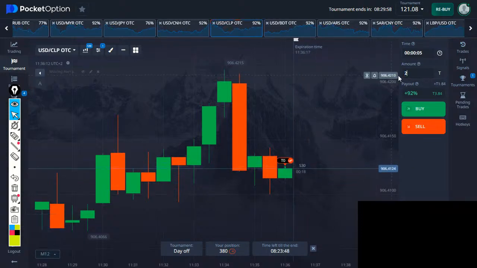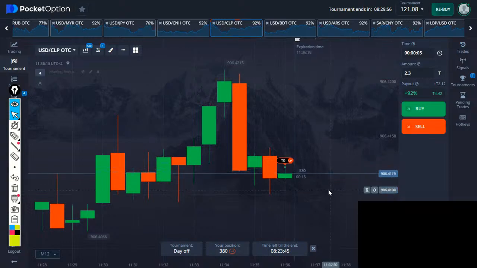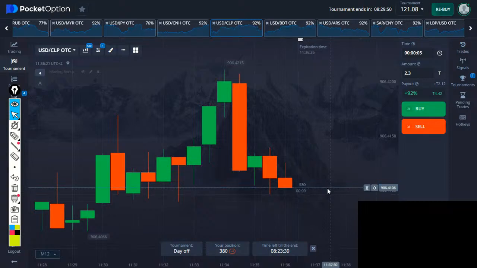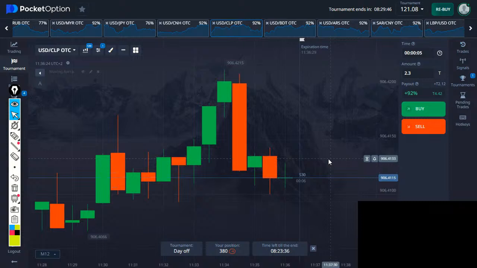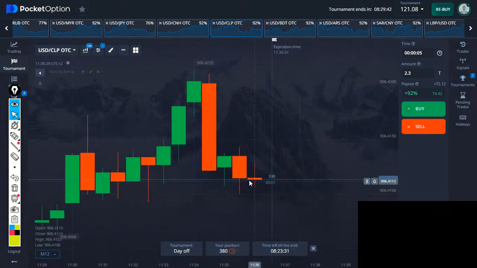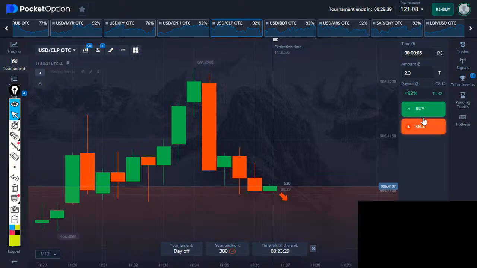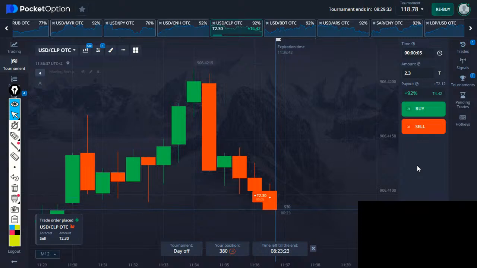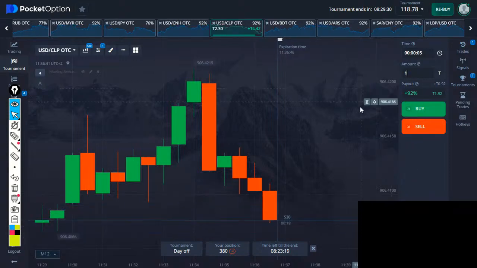So we increase the amount to 2.3 and wait for the next bar. Let's see, 3 seconds left. Okay, we have green, switching to red. 25, we go for a sell. Beautiful drop, that's a win. We go back to one trade, $1 trade.